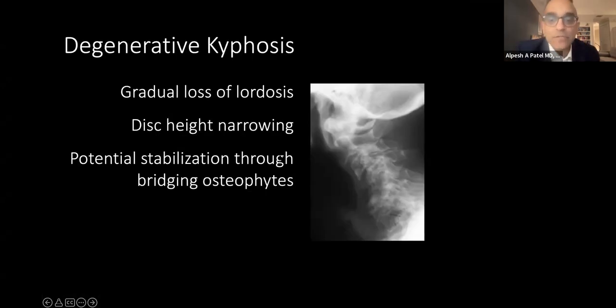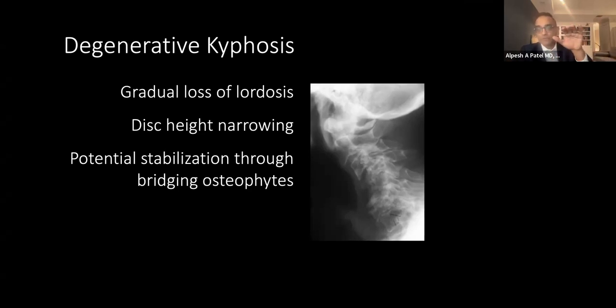So degenerative kyphosis is the one that we'll see the most. It's the most common arthritic change combined with maybe some other factors. But what happens in this setting is that with spondylosis, with a loss of normal disc height, with the development of osteophytic changes, the subaxial spine will usually tend to go into kyphosis.